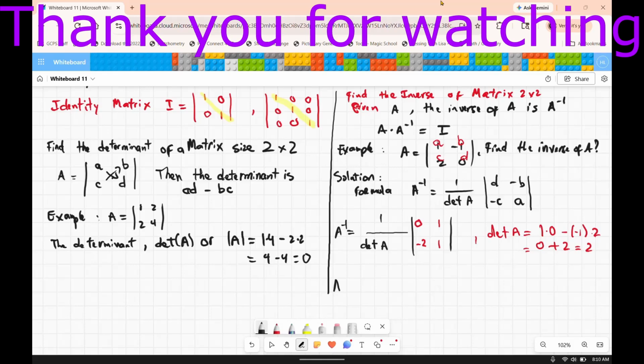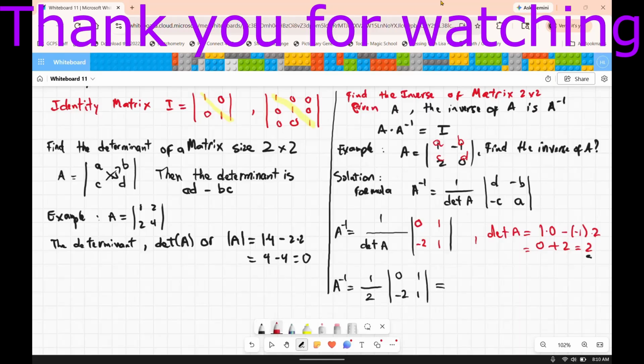So the inverse of A will be 1 over 2. Again, I'm bringing the 2 over here. And then I'm going to have 0, 1, -2, 1. You have to multiply that in.